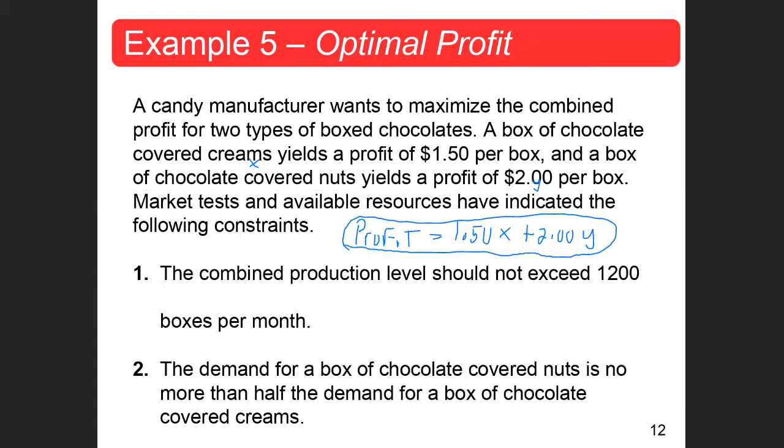Then they'll give you some constraints. The combined production level should not exceed 1,200 boxes per month. So I would write X plus Y is less than or equal to 1,200. That would be a constraint, and I'd have to graph that out. The demand for a box of chocolate covered nuts is no more than half the demand for a box of chocolate covered cream.